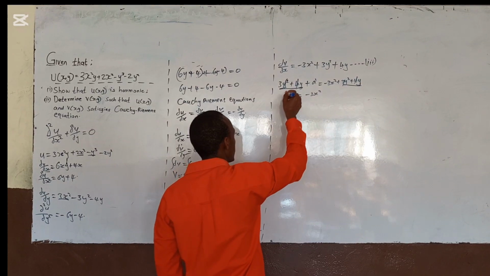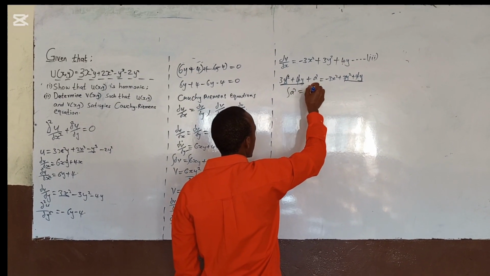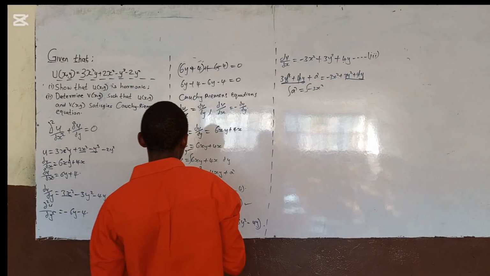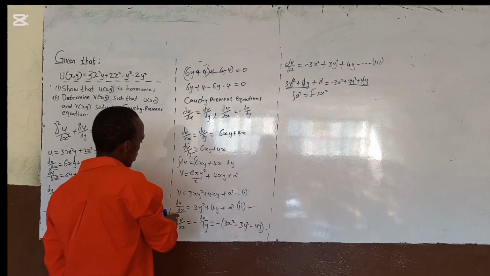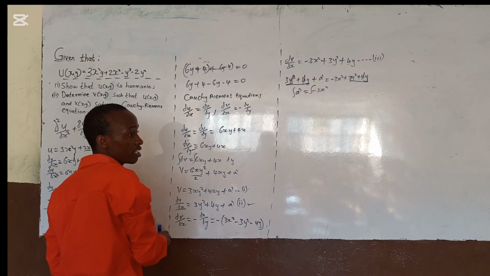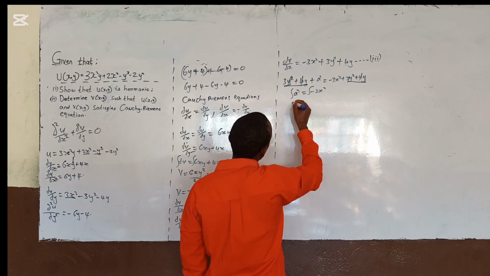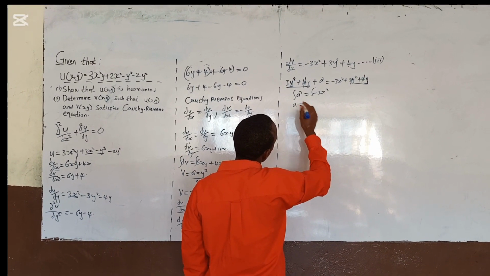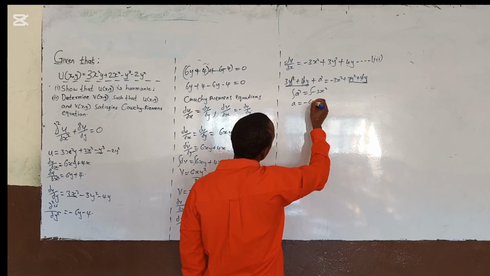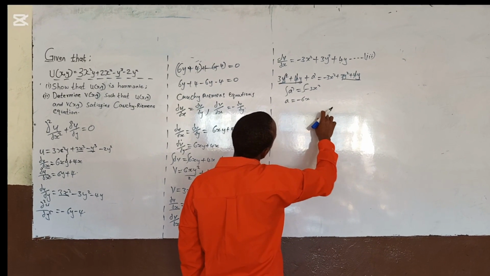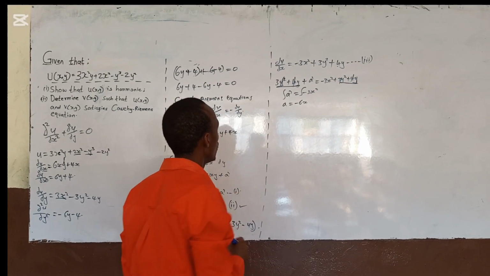Then we integrate with respect to x. Initially we differentiated with respect to x, so now we integrate with respect to x. Our function is equal to minus x cubed.